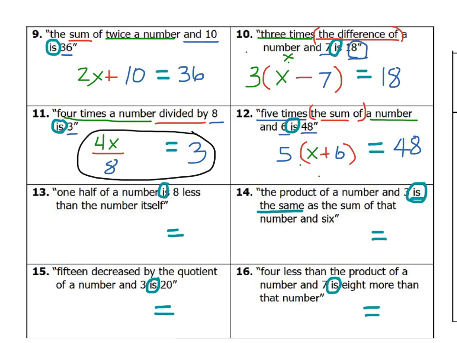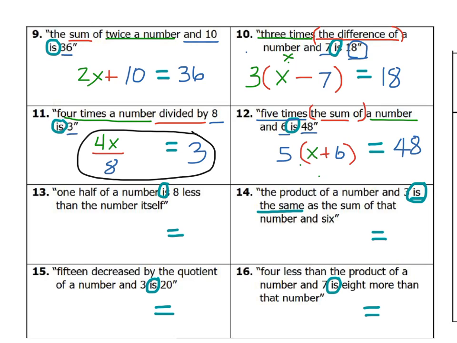And then the sum or the difference, those words tell you which operation is happening inside the parenthesis. Okay? If you're still uncertain, ask Miss Brown. I'll come over. I'll try to help explain it a little more for you. If you feel like you're doing good, let's just keep watching, okay? Because 13 is really where it starts to step up a little bit.